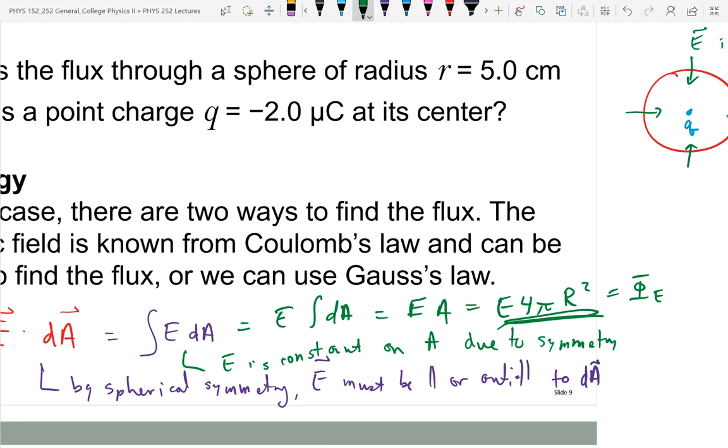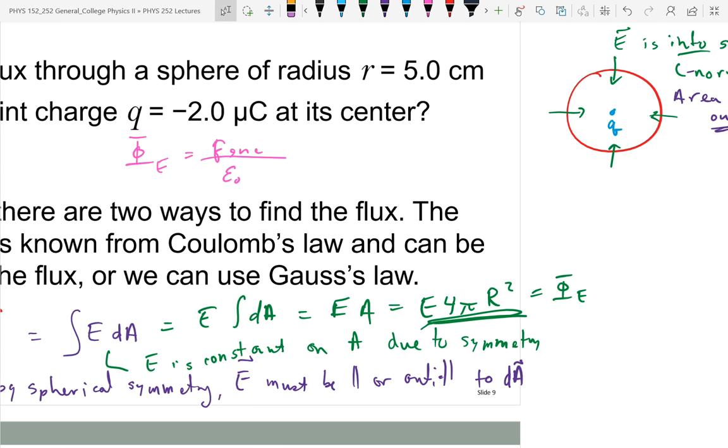But then I have the other way of calculating it. The other way of calculating it is using Gauss's law. It's the charge enclosed over epsilon 0. How much charge is enclosed by that sphere? Okay, I'm going to put Q here because it's quicker. So it's just that charge. So this is one answer for the flux.